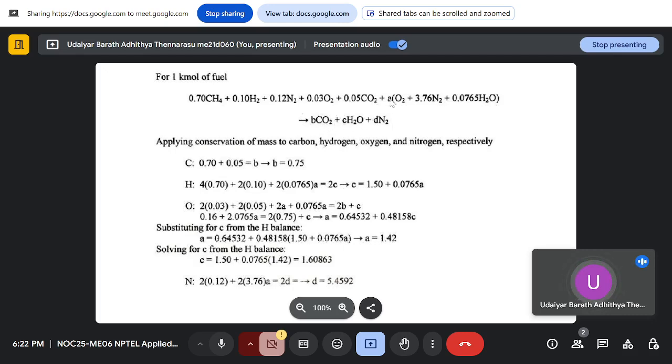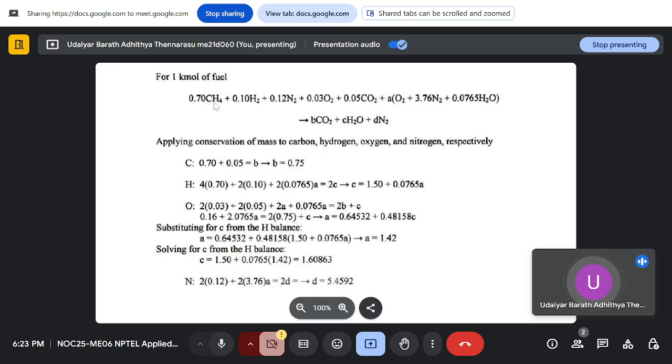We need to find the coefficients to get the number of moles present in the product, and the number of moles of air required. So again going with atom balances for each component. For carbon we have 0.7 from methane, and then some amount of CO2 present, so plus 0.05 gives B is 0.75.